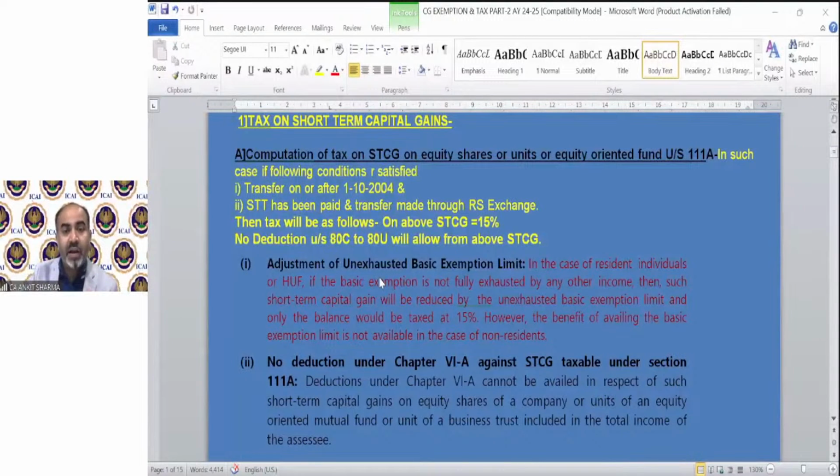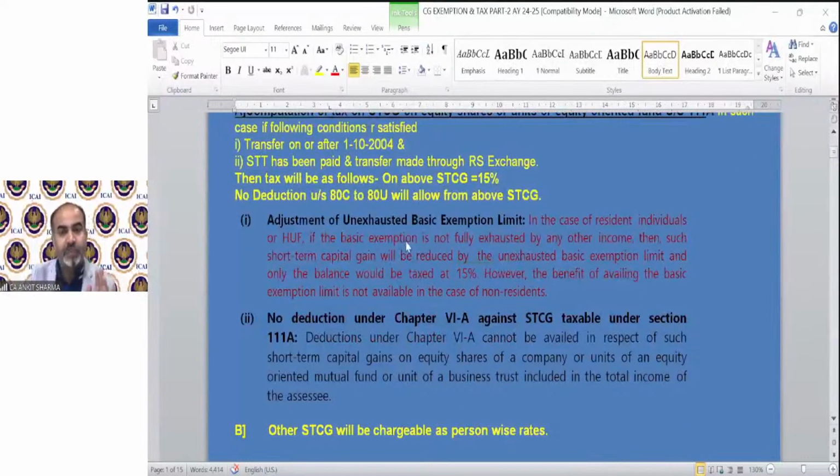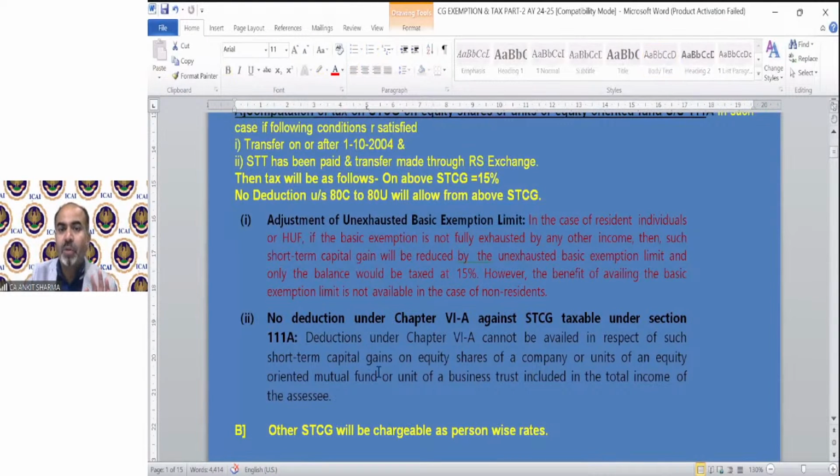Adjustment of unexhausted basic exemption limit: the basic exemption limit is 2,50,000, or 3 lakh in case of 15 BAC. So you can use that unexhausted basic exemption limit, if any, out of this 111A. Deductions cannot be claimed. So exemption of basic limit is allowed, but deductions cannot be claimed.